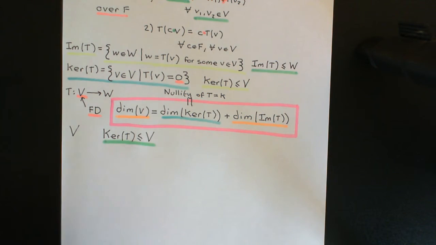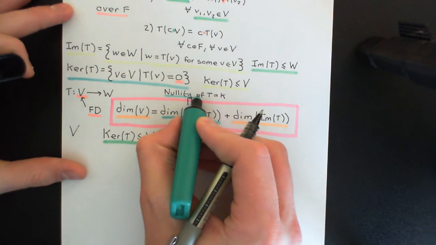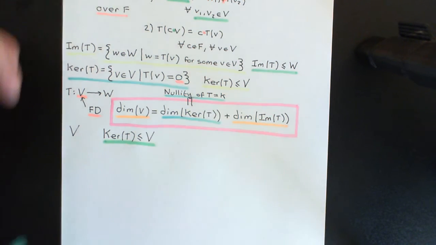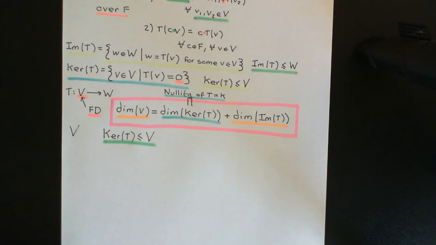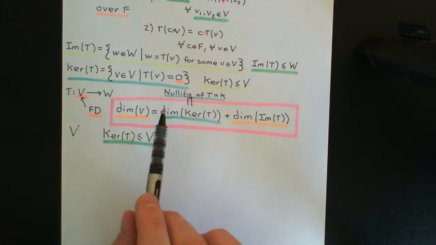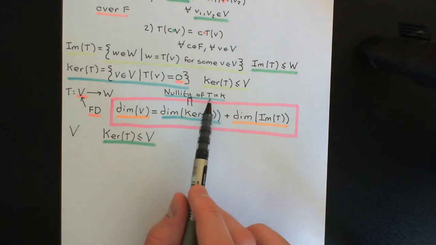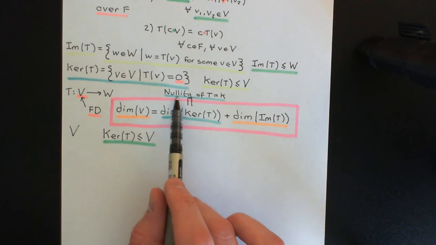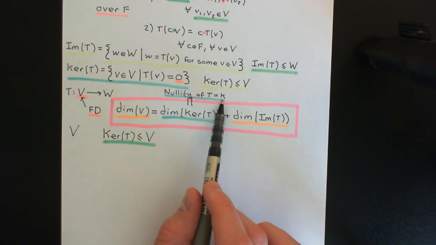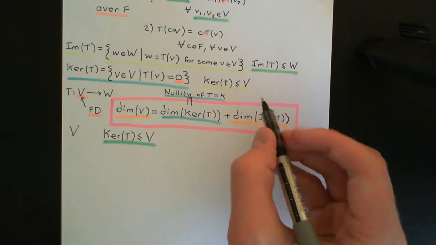And that's the bit that prompted me to think of this, because we're going to suddenly use this little k, and I haven't actually defined it yet. So the dimension of the kernel of a linear transformation is often called the nullity of the linear transformation. So the nullity of a linear transformation is just a number associated with that linear transformation.